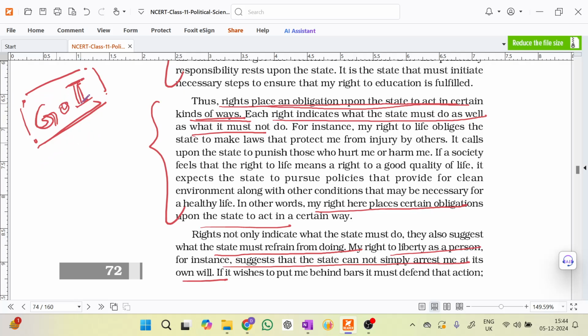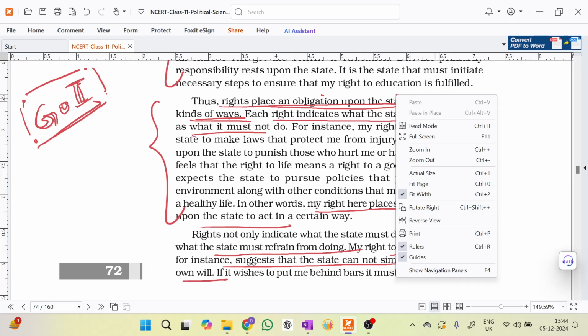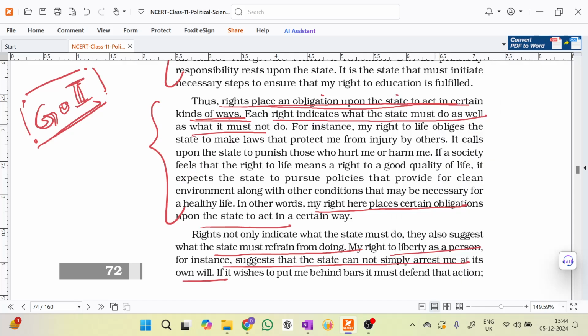In the Indian Constitution, Indian citizens place an obligation upon the government of India to act in a certain kind of way, which means our claim directs the state to act in a certain direction.